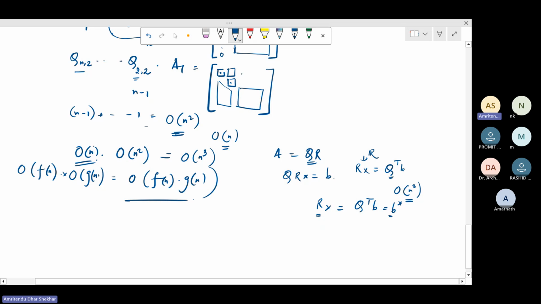Back substitution will again take O of n squared steps. So the costly part is actually computing the QR decomposition. Once you have computed the QR decomposition, solving the equation happens in O of n squared steps. So the overall complexity remains O of n cubed.